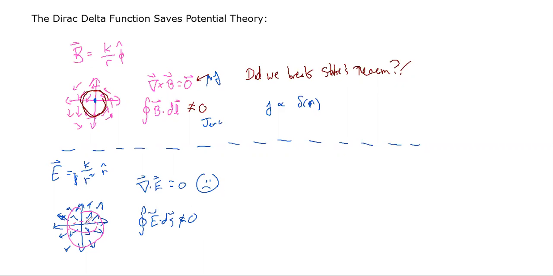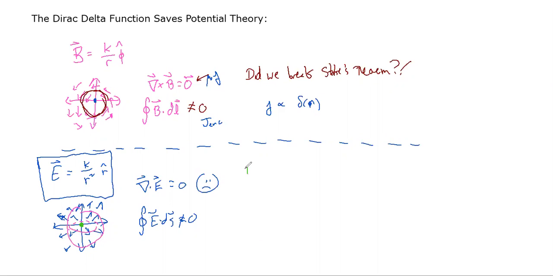But what is it that is making this field? This particular field, this is the electric field due to what type of charge? The first electric charge you ever learned about is a point charge located at the origin.